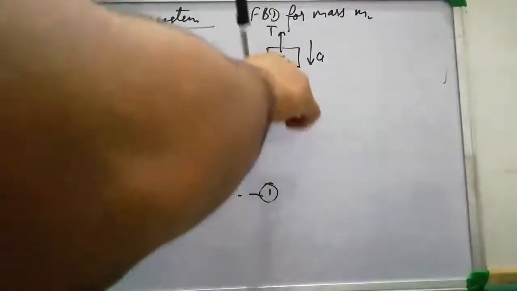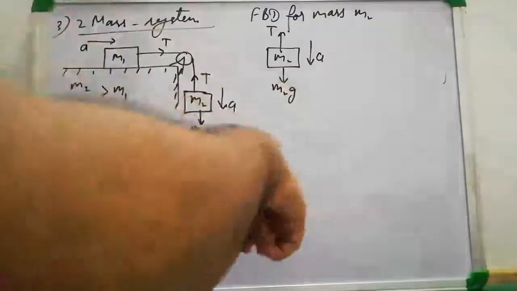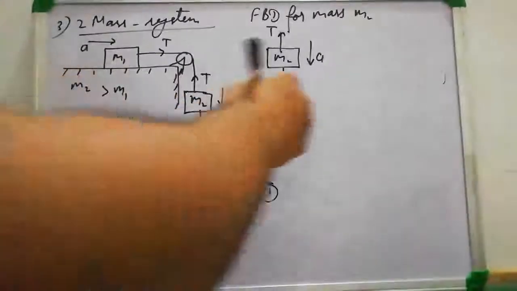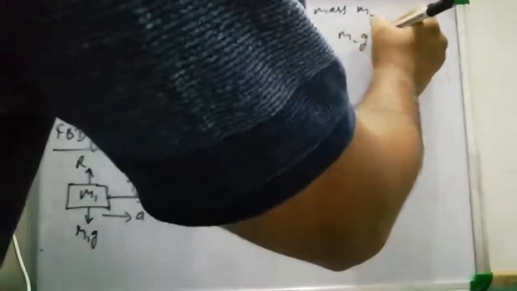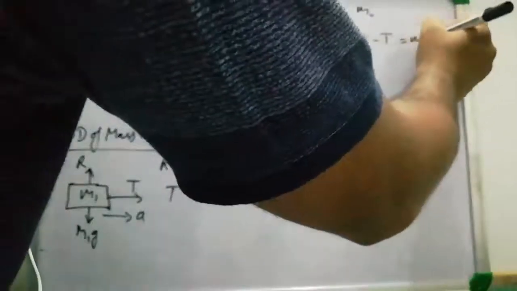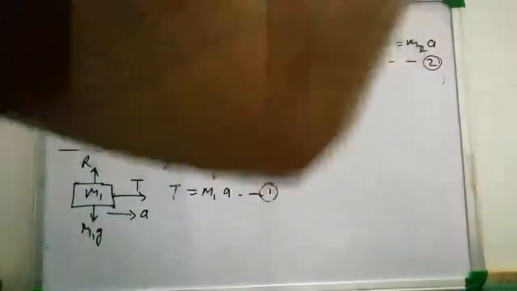So the weight of the mass m2 is pulling the net force in the downward direction. So we will say m2g minus T is equal to m2a. This is equation number 2.